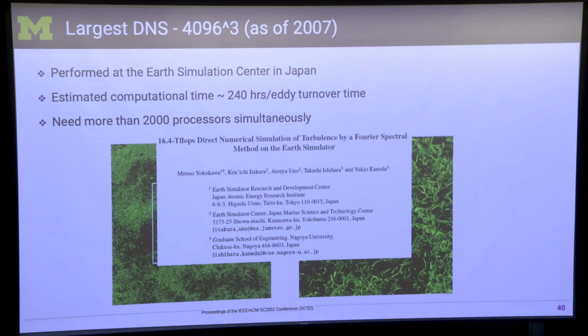So right now, the machines are about 1 million times faster than what it is here, okay? So which means that we can do Reynolds number that are 100 times higher compared to what we could do in 2007. And in 2007, the Reynolds number that we could do was already relatively small. But that's the change that we have right now.